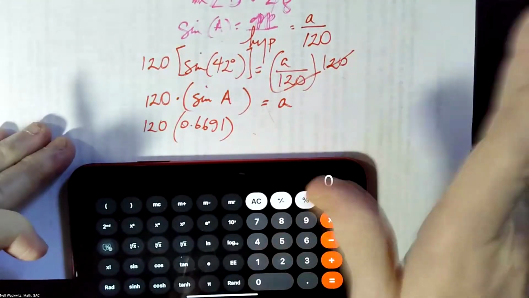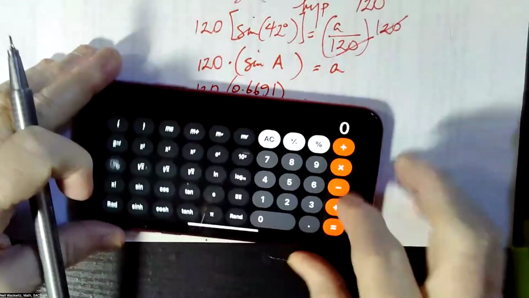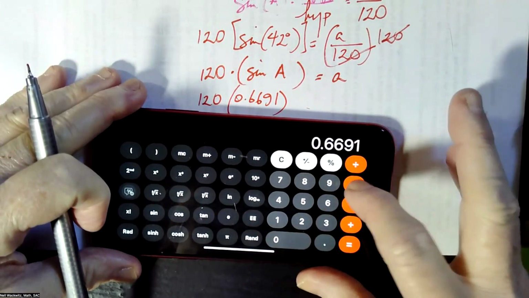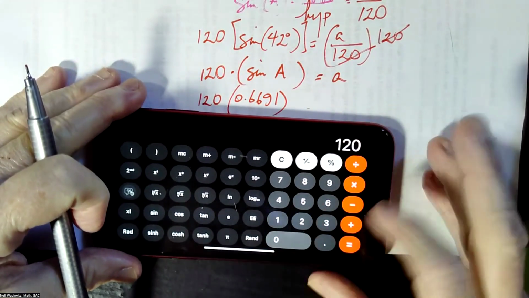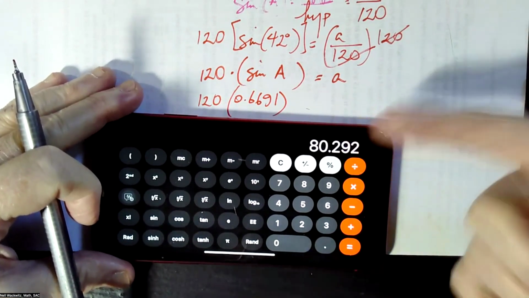And I don't want to keep that information in my storage. I want to multiply by the 4 decimal places. So 0.6691 times 120. I get 82.3.